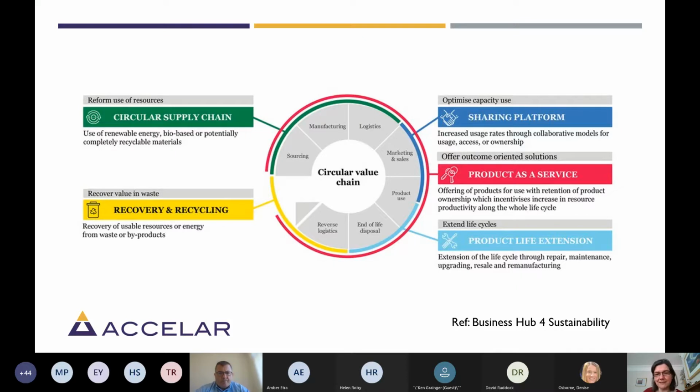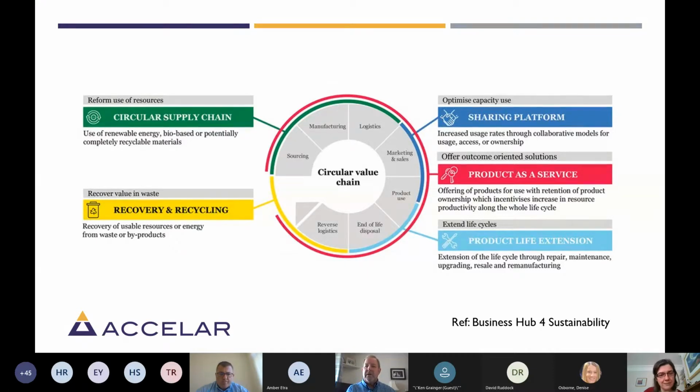So designing something to start with that really enables product life extension, enables that longer life, enables businesses to have a longer relationship with customers, because we're not just talking about a one-off sale, but an ongoing relationship with the customer through remanufacture, for example. Same with product as a service. Instead of a one-off sale, you've got increasing number of touch points with the customer, because they're coming back to you to access your service.